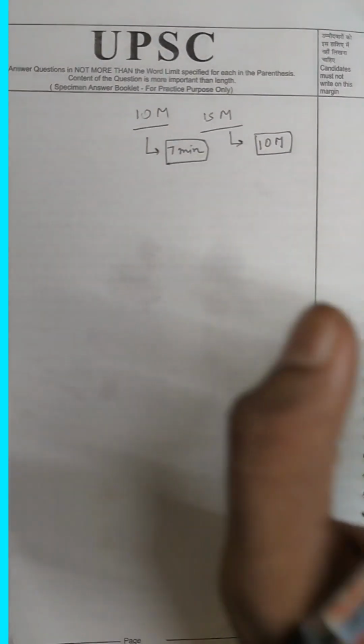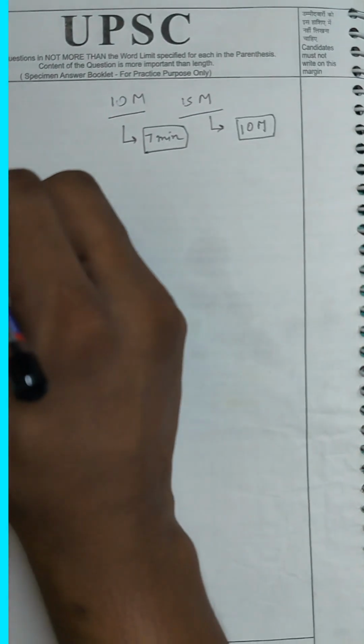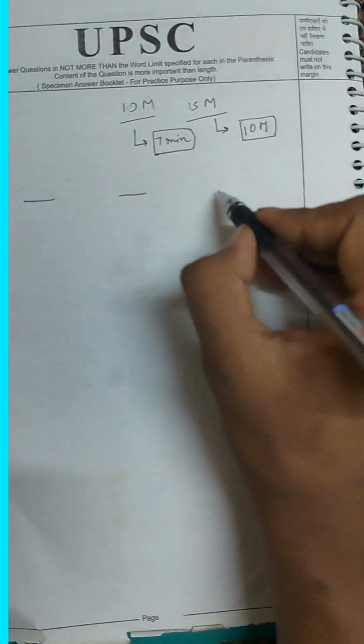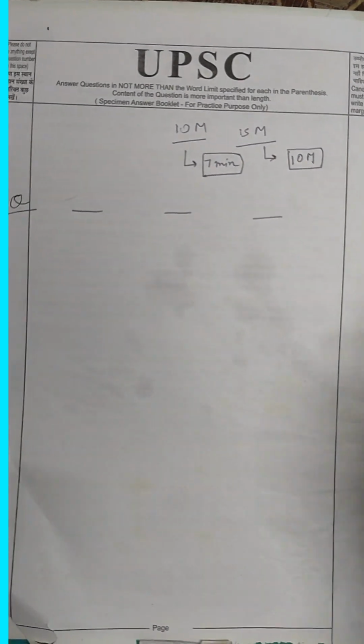Whenever you are going to answer, you have to read the question twice, and you have to underline the important keywords, whatever is being asked in the question, so that your mind will be ready with the data.